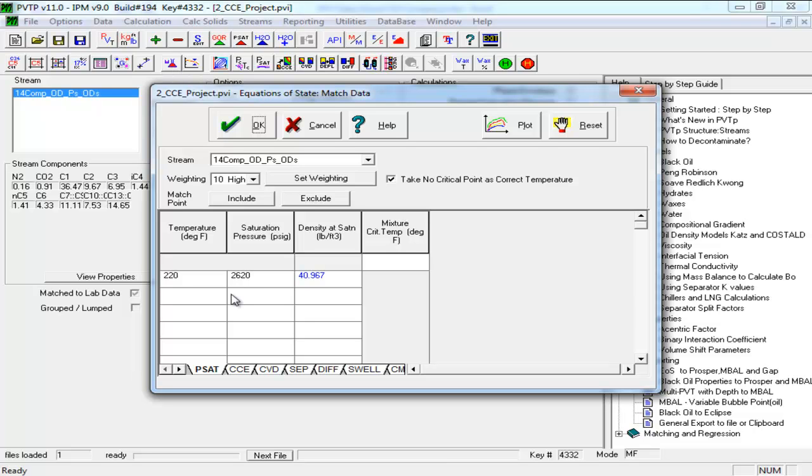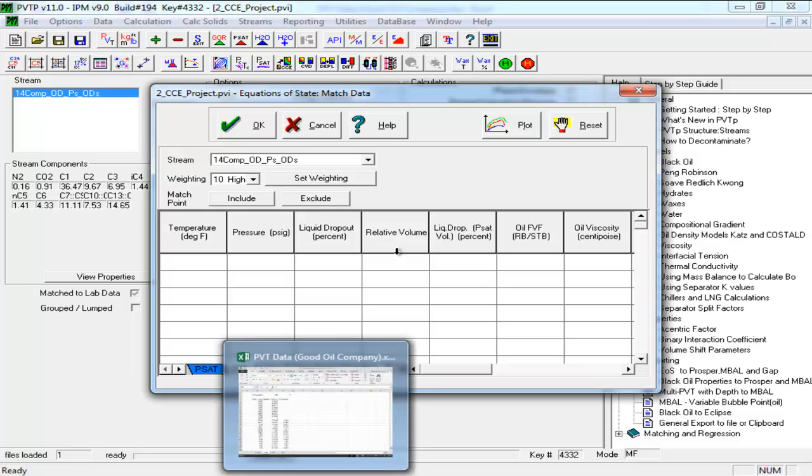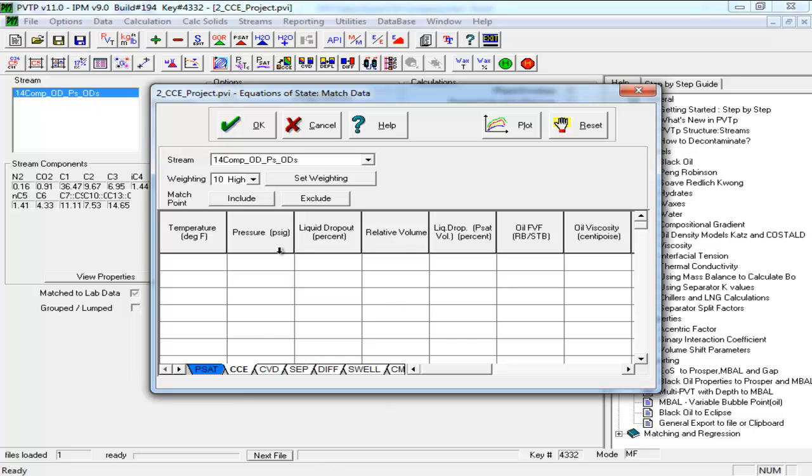As we usually do, we press this button to enter lab data. Then we need to go to CCE. All of them except the 14. Yeah, the last one, because we will continue from the last one. So now we will define CCE.